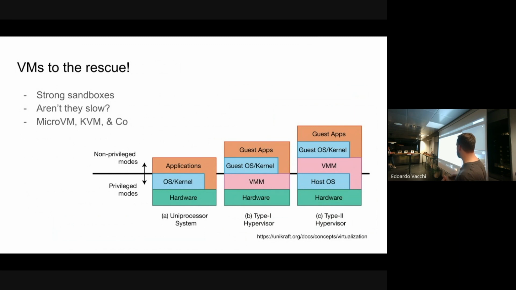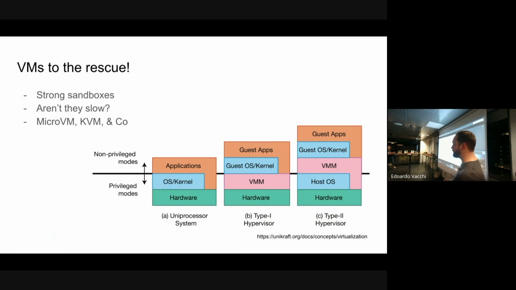And you have type 2 hypervisors like VirtualBox that are running on top of the operating system, running a virtual machine. On top, you have another operating system, and you have your application. In terms of startup time and performance, it's not equal to containers.